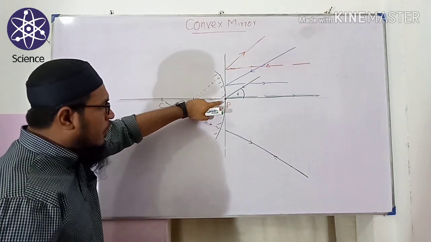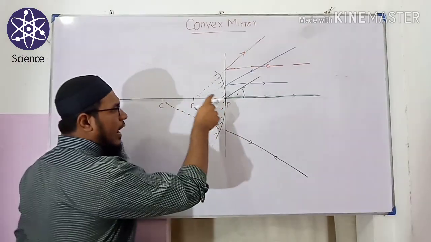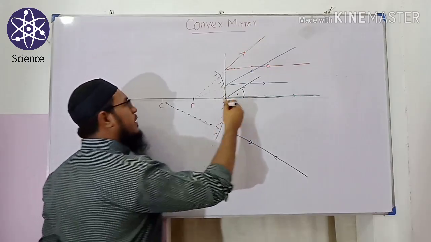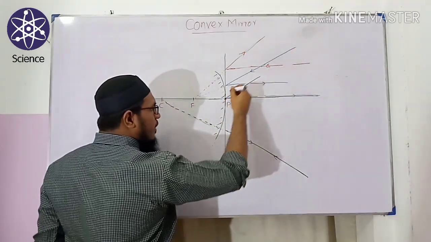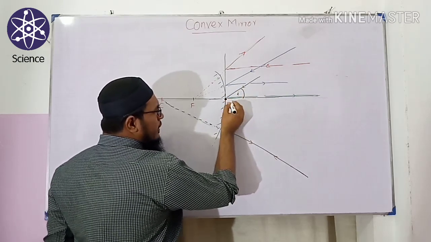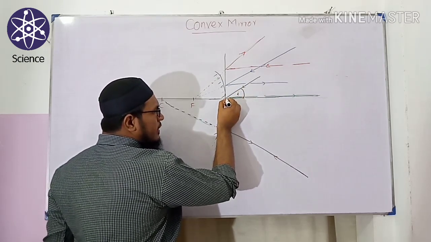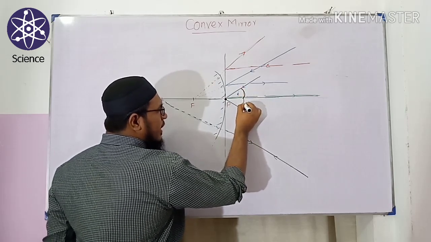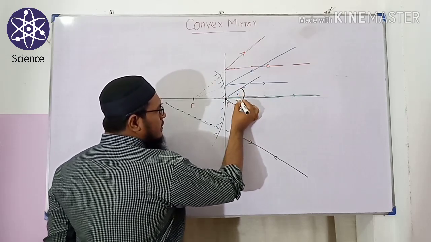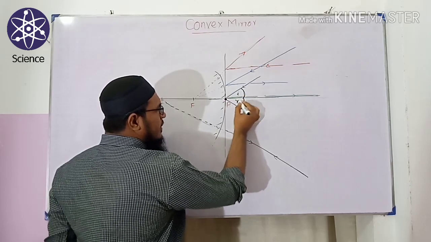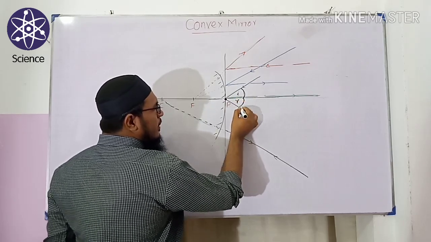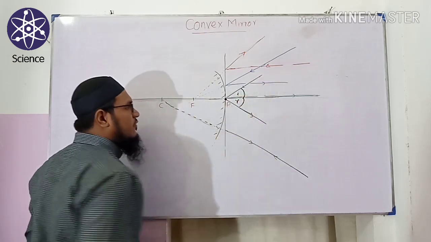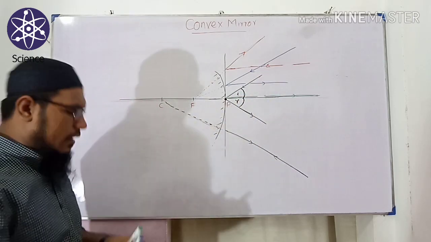Here, this exact point acts as a plane mirror. Therefore, if a ray comes towards this pole point, it will get reflected back with the same angle. Incident angle equals reflected angle. So this ray will be reflected back with the same angle.